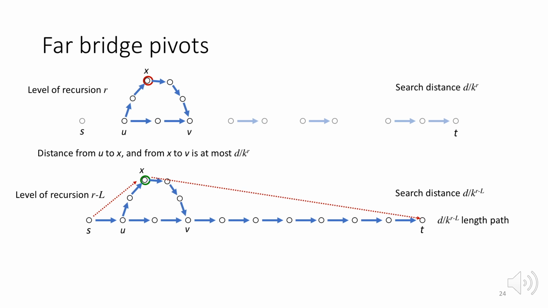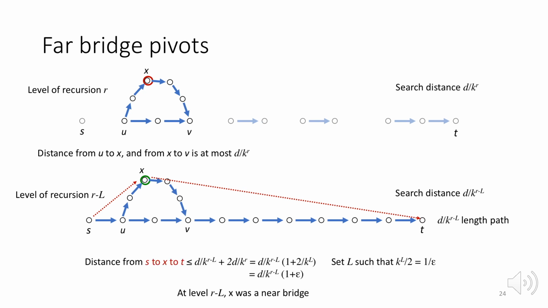Now let's look at the distance of the path that goes from s to x to t, which is shown in red. This is the path that uses the shortcuts that the shortcutter x adds. The length of this path is at most the length of the s to t path, plus the distance from the path to x and from x to the path, which is the distance u to x and x to v.